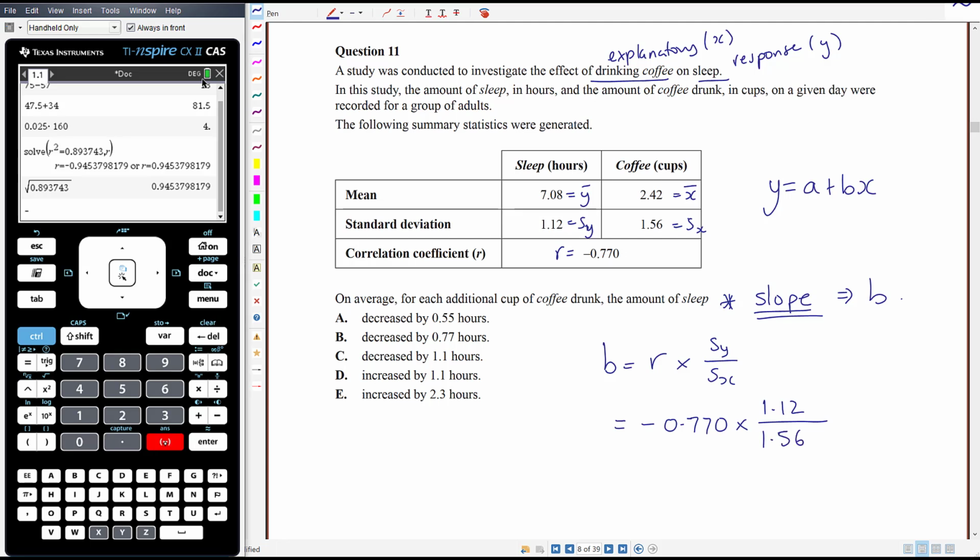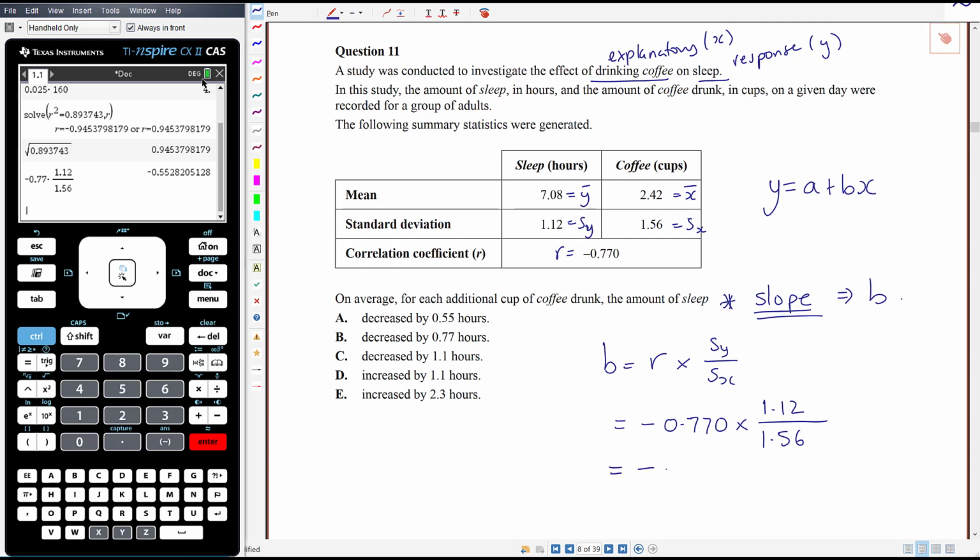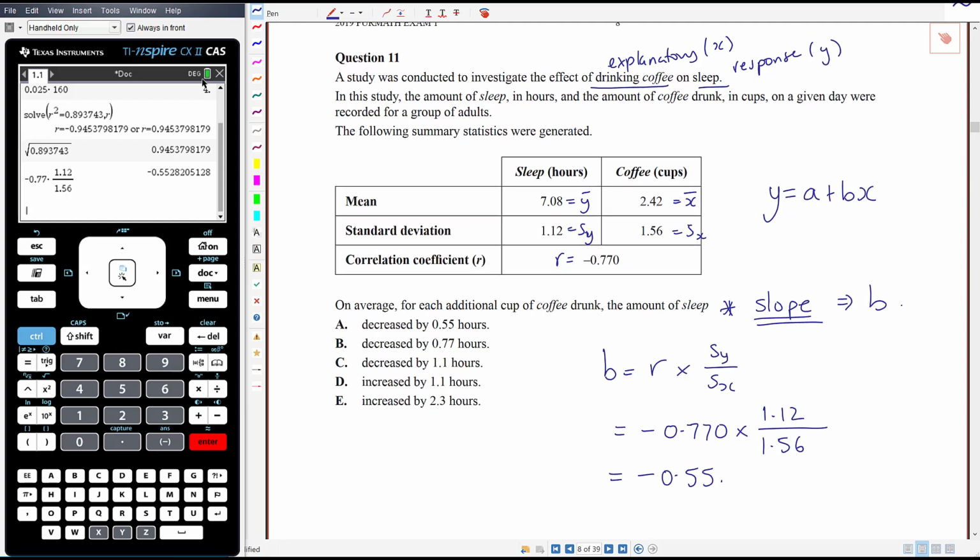If we work that out, negative 0.770 multiplied by 1.12 divided by 1.56, b is equal to negative 0.55. So that means, on average, for each additional cup of coffee drunk, the amount of sleep decreases, because it's negative, by 0.55 hours. So option A would be correct there.